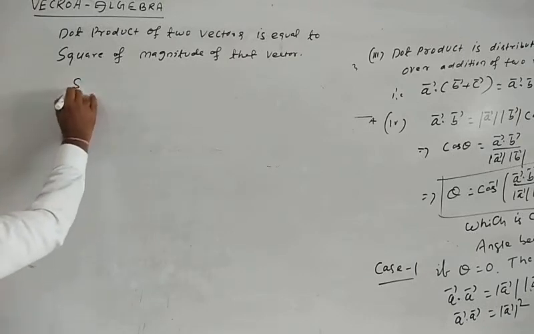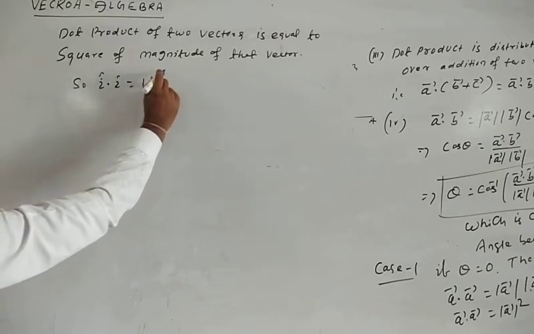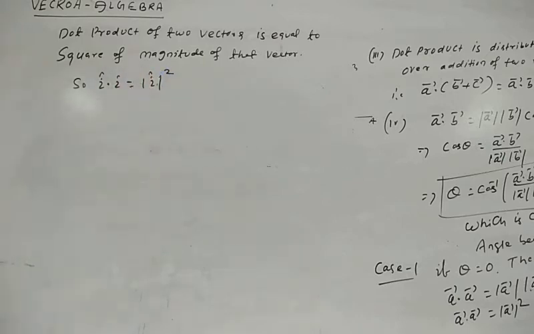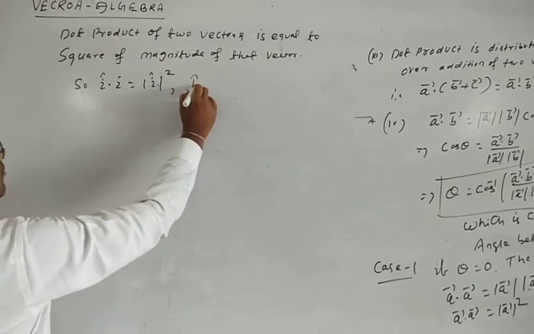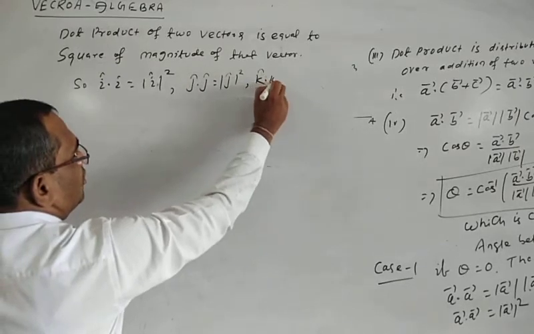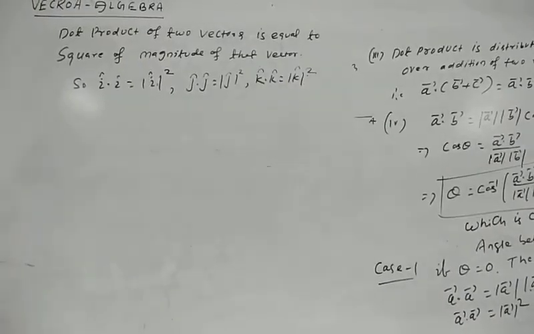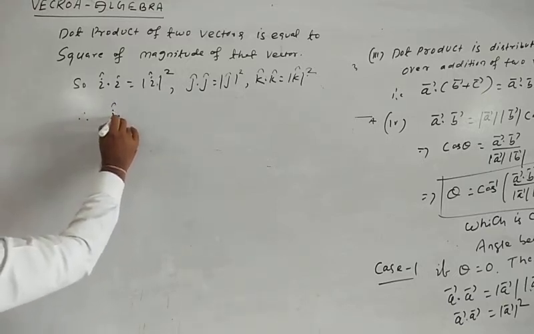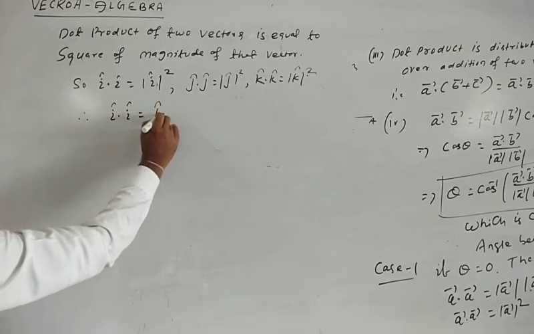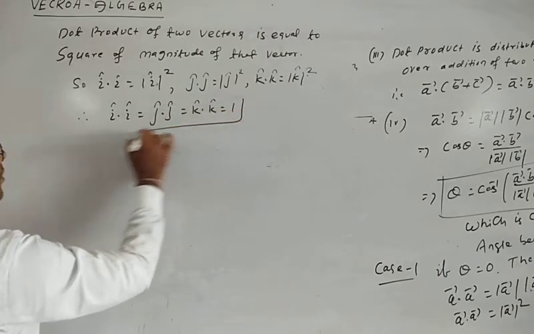So I cap dot I cap is equal to magnitude of I cap square, and j cap dot j cap is equal to magnitude of j cap square. K cap dot k cap is equal to magnitude of k cap square, but magnitude of I cap is equal to 1, magnitude of j cap equal to 1, magnitude of k cap equal to 1. Therefore I cap dot I cap, j cap dot j cap, k cap dot k cap is equal to 1.